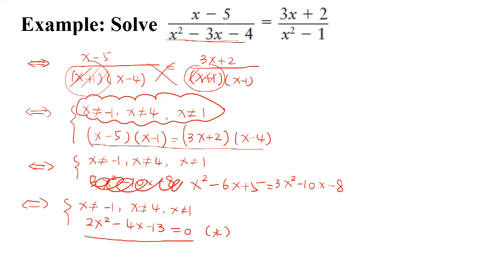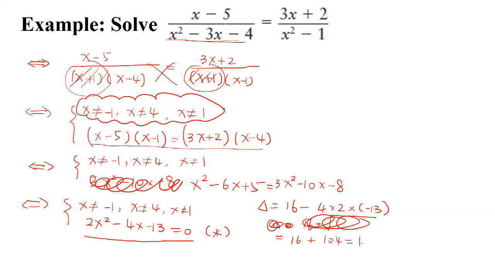So this is actually a quadratic equation, right? We can use the formula to find its two roots. So first of all, the determinant is 16 minus 4 times 2 times minus 13, right? Which is 16 plus 104, which is 120, right?